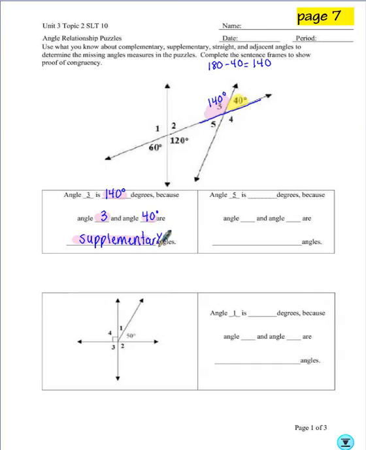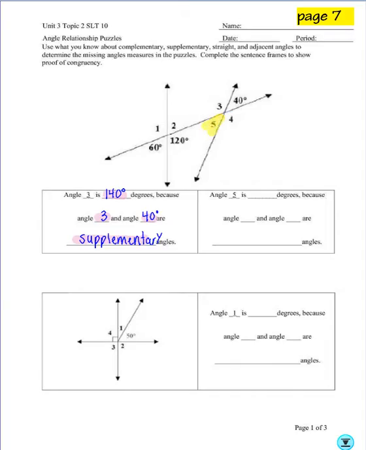Now, I'm going to go on to the next question right beside it. I'm going to erase my work and start fresh. You don't always have to do that, but I'm going to do it on this one. Let's talk about angle 5 this time. So angle 5 is right here.